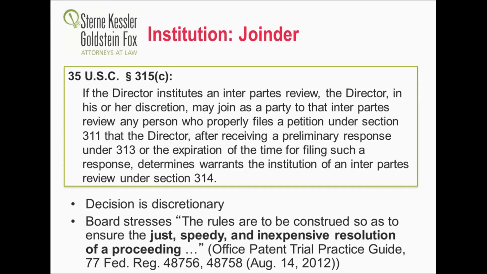But why is joinder popular? Well, it's popular because Congress made it popular by this last sentence in 315B. And as you may recall, John talked about the 315 one-year statutory bar for filing.